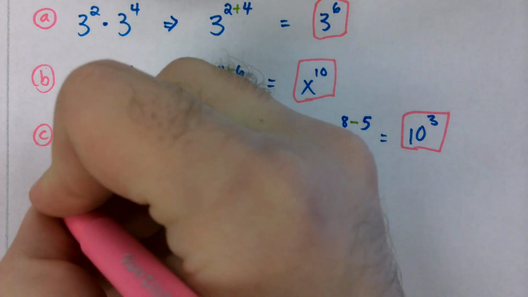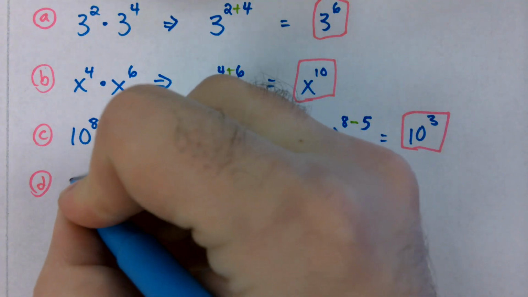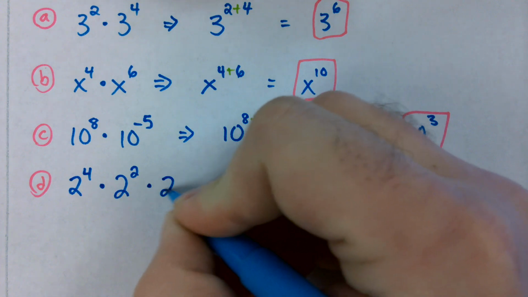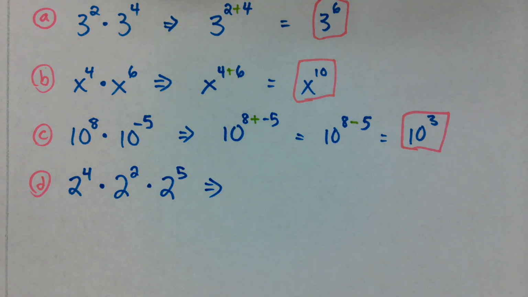Let's do example D, and then we have one more, and then we're done. Nice and short. Let's do 2 to the 4th times 2 to the 2nd times 2 to the 5th. That's a lot of 2's, but do we have like bases? Yes, all 3 of them are like bases. So our definition, like bases are 2 or more quantities.